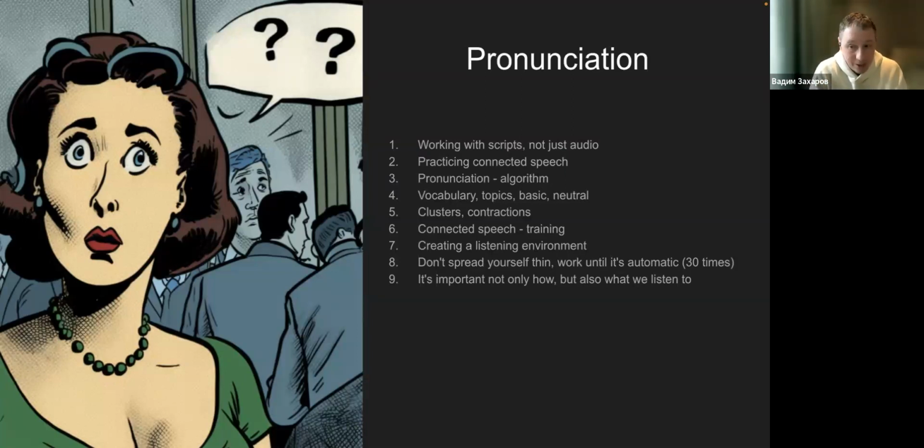Okay, next. When you deal with pronunciation, it's all about repeating things. It's a lot of repetition to do. You repeat, you repeat, you repeat. But you also need to get some kind of feedback. The feedback is when you listen, record, compare.